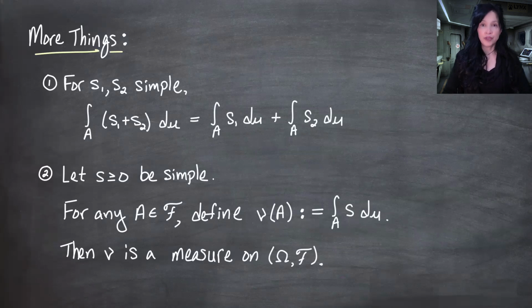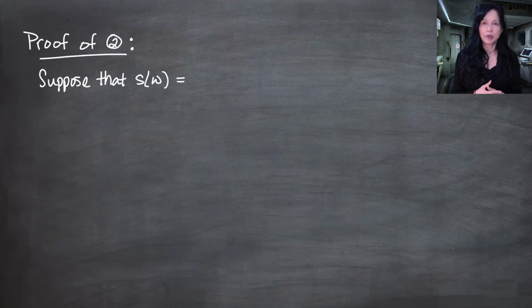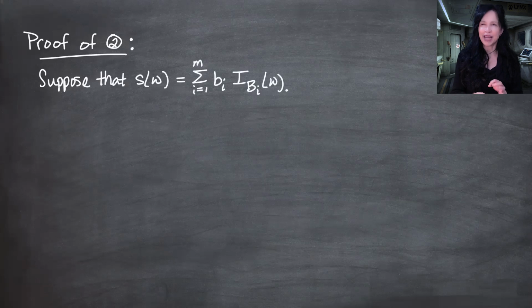So let's prove it. Suppose that I have a simple function S that is non-negative, so it needs some expression. I'm going to write this a little differently than usual because I need my N's and my A's for something else. So I'm going to call this a sum as i goes from 1 to M of little b_i, and then indicators on sets capital B1 through capital BM.